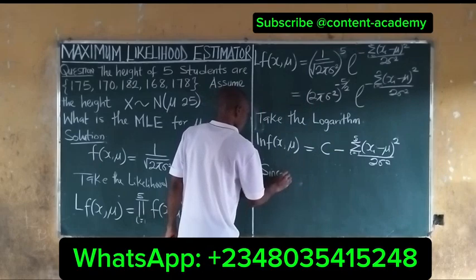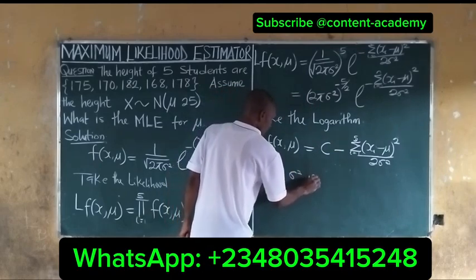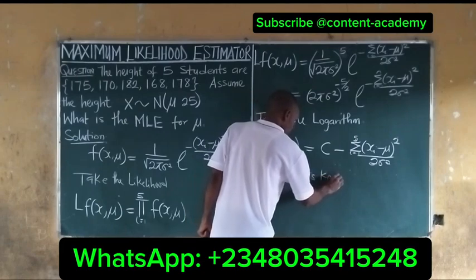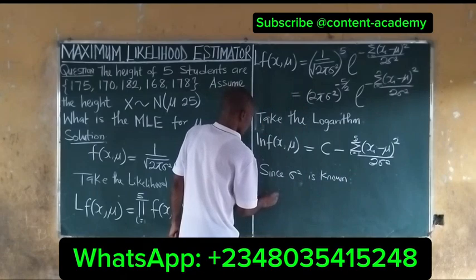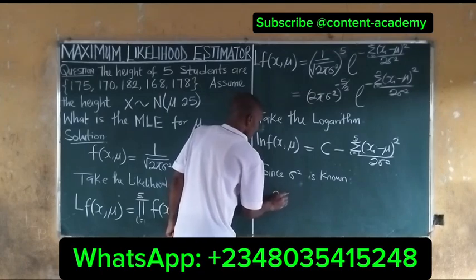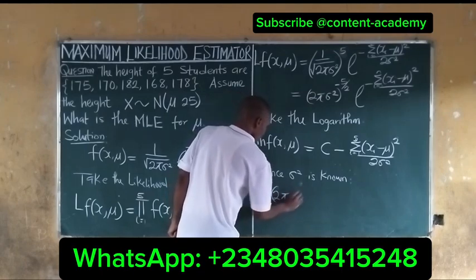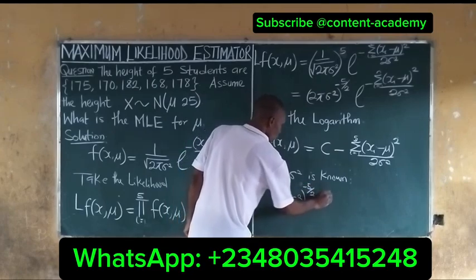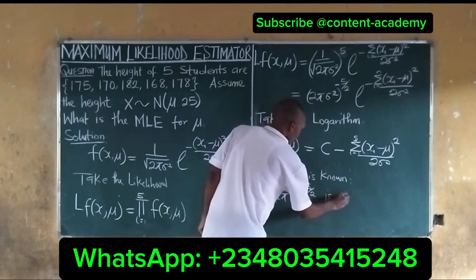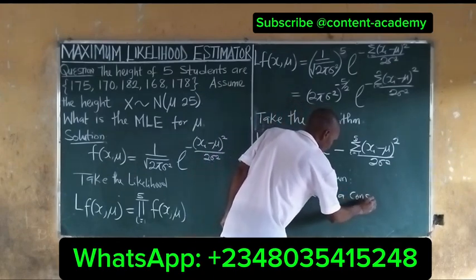Since sigma squared is known, 2 pi sigma squared raised to the power of negative 5 all over 2 is a constant.